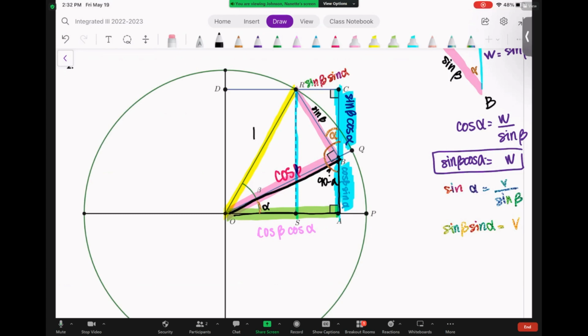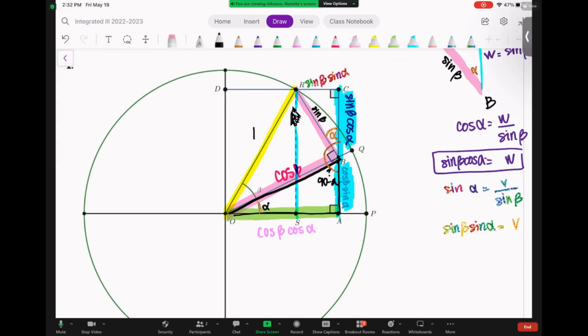Okay. And you're like, okay, well, Miss Johnson, how does that help me? Well, we know that the whole thing down here, this green highlighted part, is cosine beta, cosine alpha, and we already know part of this. All we need to find is this last little piece.